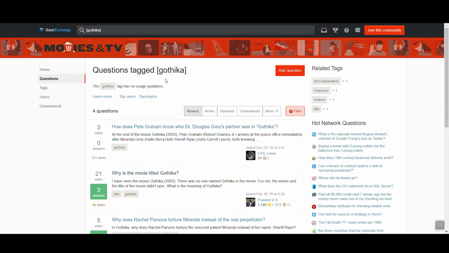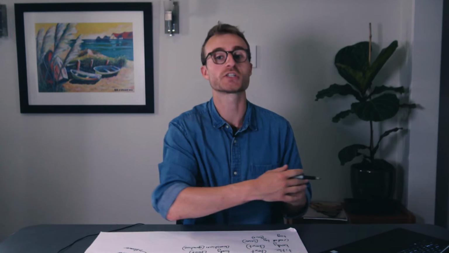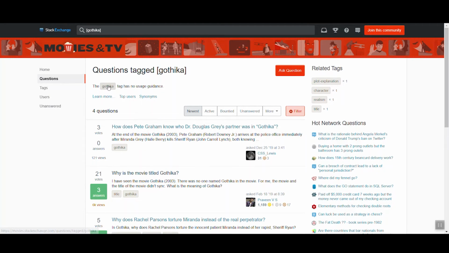And while it would be theoretically possible for this to be a text field, when we have a page in our app that's going to be looking for all of the questions that share the same tag, we could, in theory, do a search for all of the questions where the tag text equals, in this case, Gothica. But the problem is that it has to be spelt exactly the same way. And we also can't capture any other information about that tag in the future should we want to.